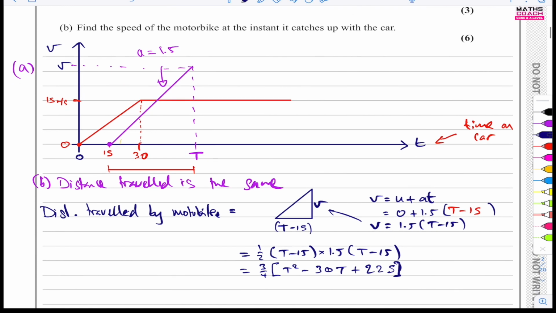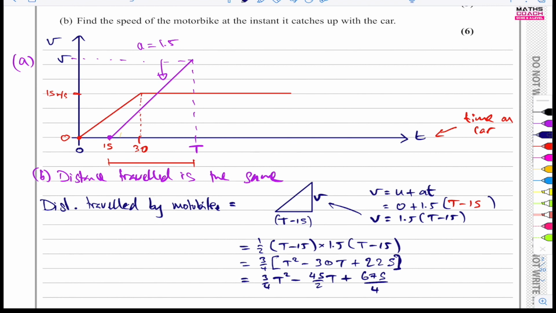And if we multiply the 3 quarters into this expression, we get 3 quarters of t squared minus 3 quarters times 30, so 45 over 2, t, plus 675 over 4. So that's the expression for the distance traveled by the motorbike.